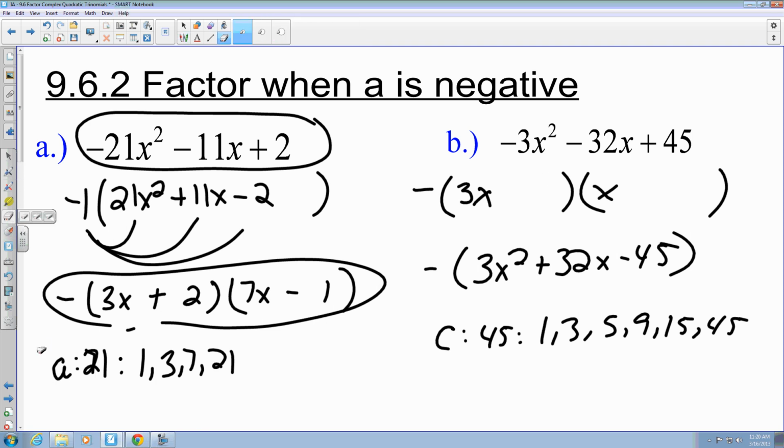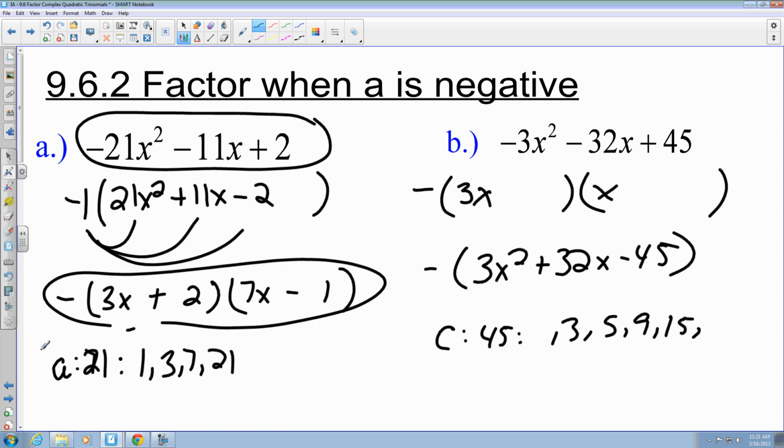So the combinations of 1 and 45 are not there, so I'm just going to take those out. So let's try 3 and 15. If I go 3 here and 15 here, 3 times 15 gives me 45. If I minus that by 3, I get 42. So that's not right.